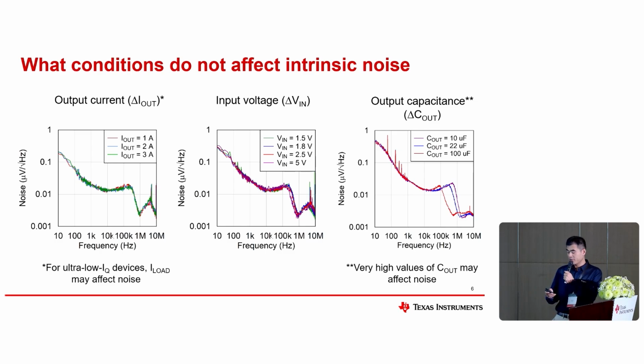Only a few changes at the very high frequency here. So if noise is very important in your application, changing only the output capacitance won't help much. It's better to check other noise sources or the spec here.